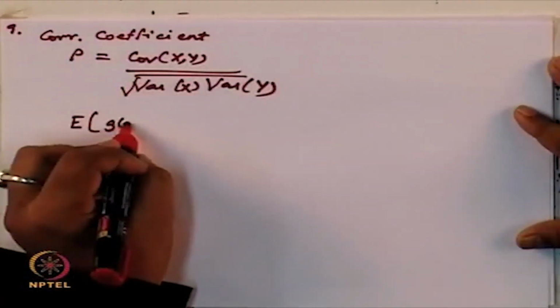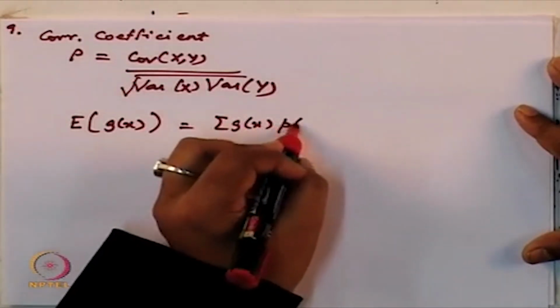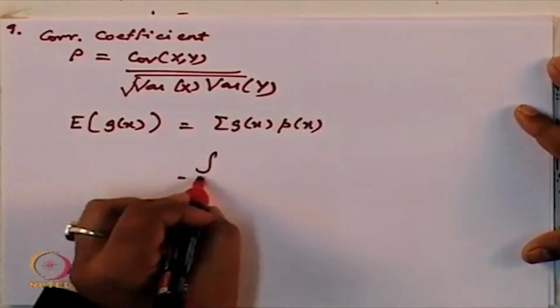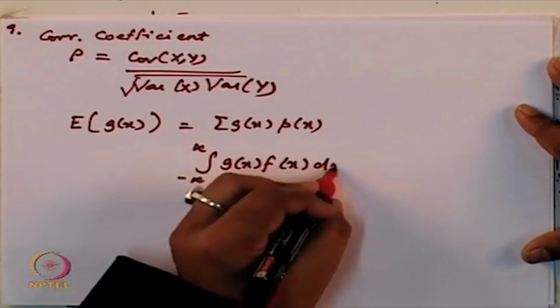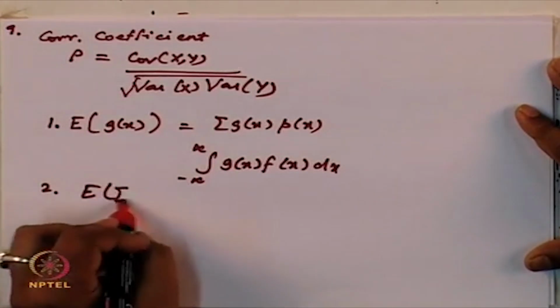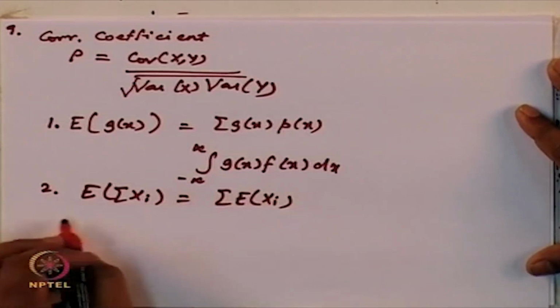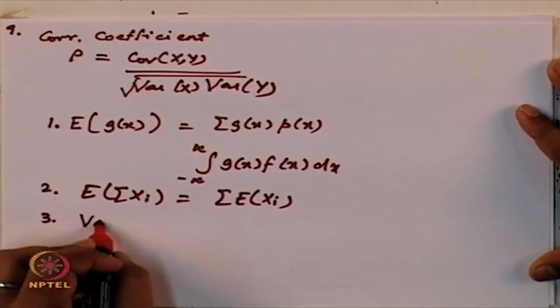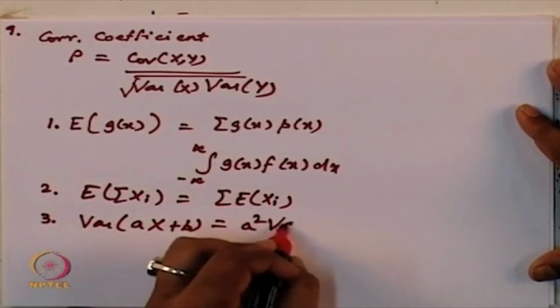So, two important things to take away from this class. You use this general expression, E of g(x) is nothing but summation of g(x) p(x), or the integral of g(x) f(x) dx. This is one thing to remember. You can write E of summation xi as summation E of xi. You can write variance of ax plus b as a square variance of x.